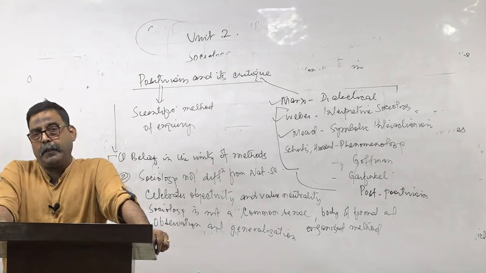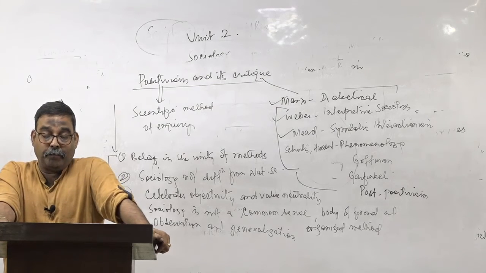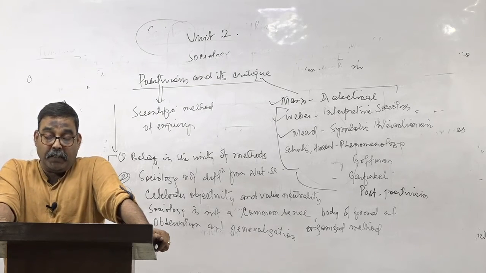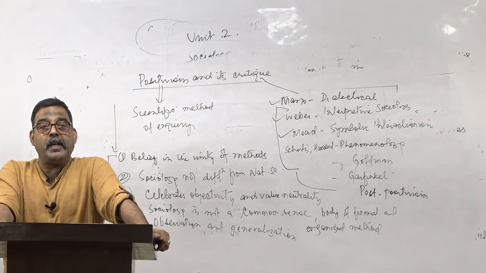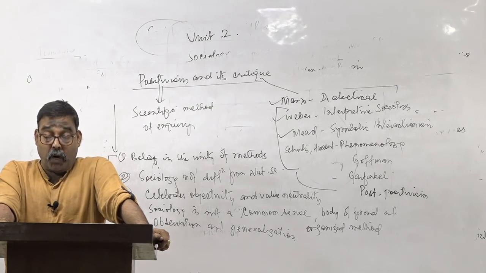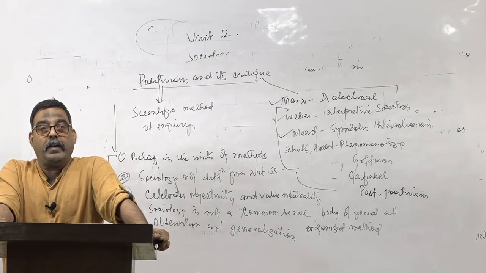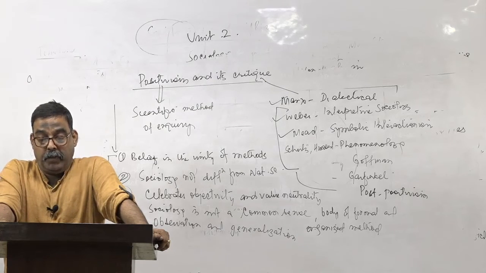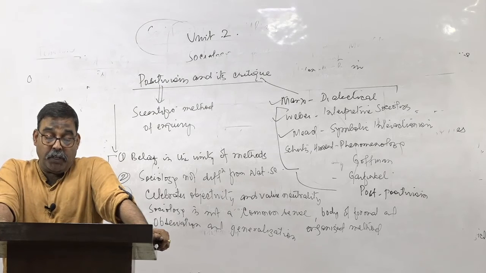Now I love this statement of Anthony Giddens when he says that nature and human society are two different realms of inquiry. Nature is not a human product, but society is. Thus there is a limit to the natural science methodology in sociology.